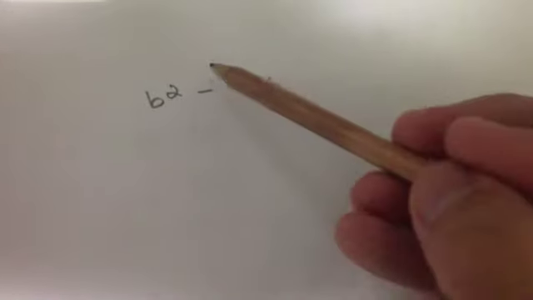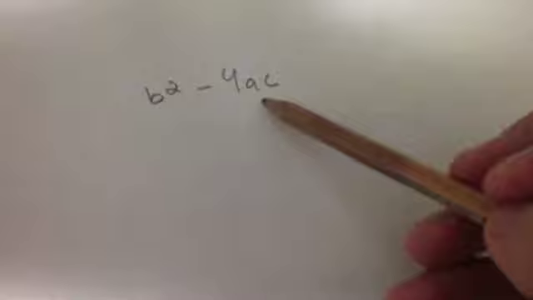So here, just for the sake of comprehension, I'm going to do a second example. So first the discriminant, which is b squared minus 4ac. So remember, we don't need the whole formula, we just need the discriminant.